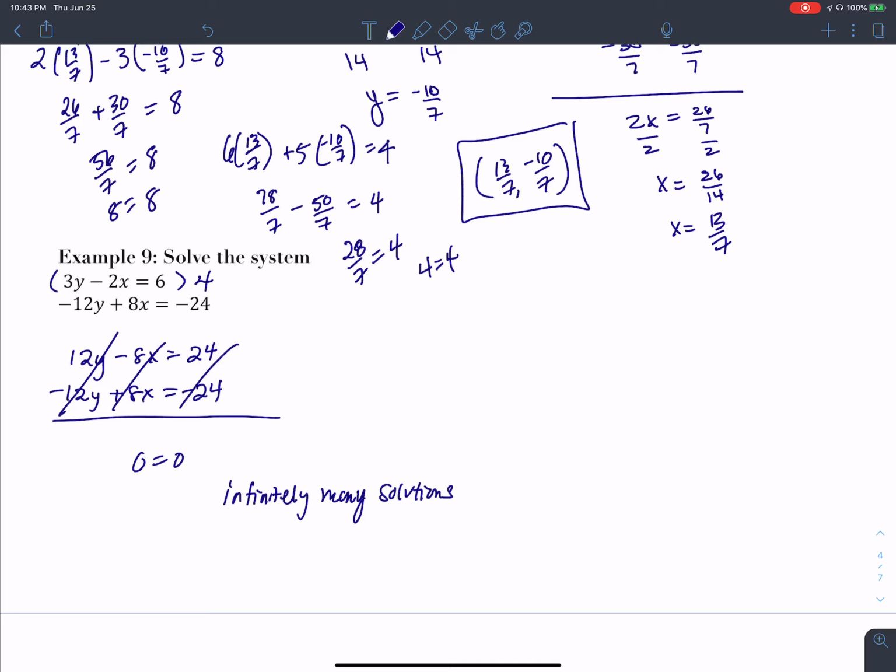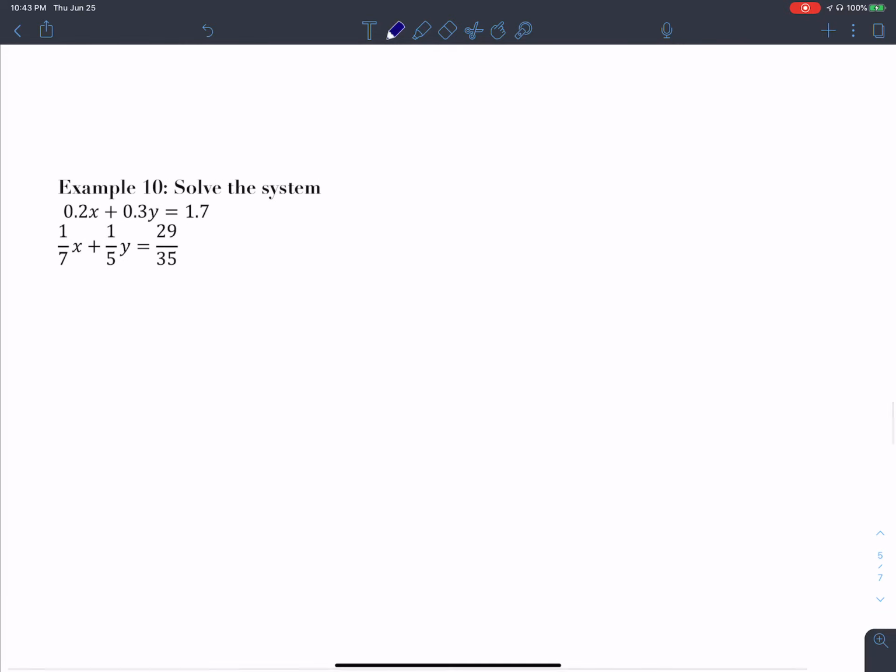All right? Okay, sometimes we can have fractions and decimals. In order to solve fractions and decimals, you need to clear the fractions and change the decimals to whole numbers. So let's change the decimals to whole numbers. We would multiply each one of these by 10.